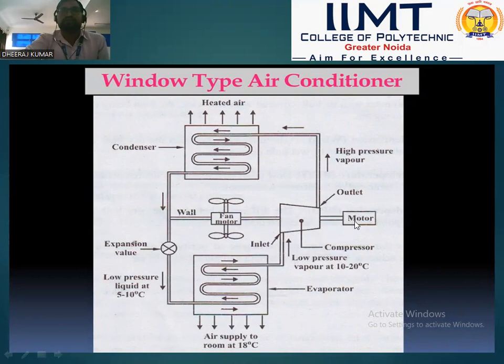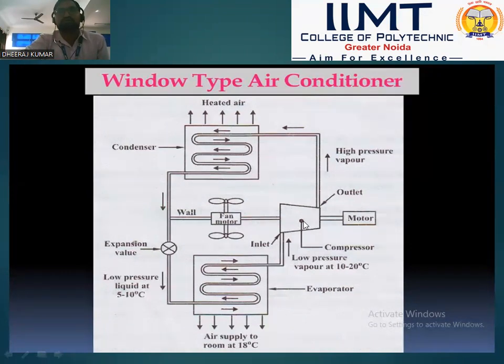Half of the window type air conditioner is outside the cabin and half is inside the cabin. The condenser is placed outside the cabin and the evaporator is placed inside the cabin.